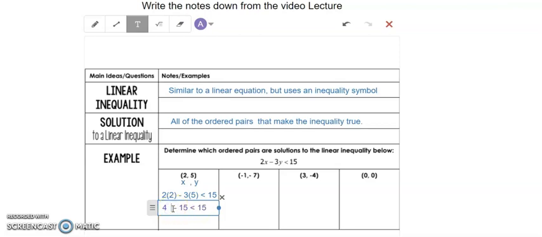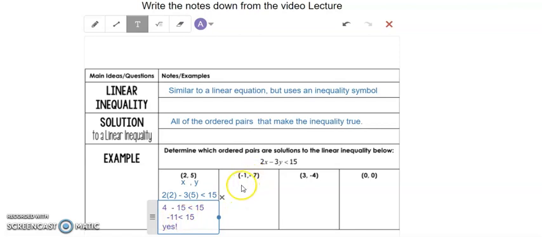And then I want to simplify, so 4 minus 15 equals negative 11, is less than 15, and that's true, so I'm going to say yes, this is a solution to the linear inequality. As long as this is true, then it is.